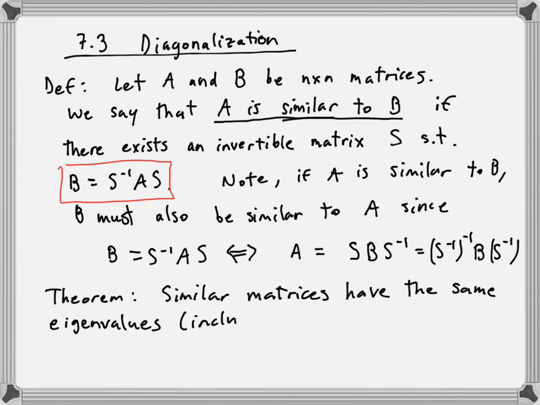And this is including multiplicities. This is a really cool theorem, so let's go ahead and prove this. We want to show that similar matrices have the same eigenvalues, right? So let's write down the proof.